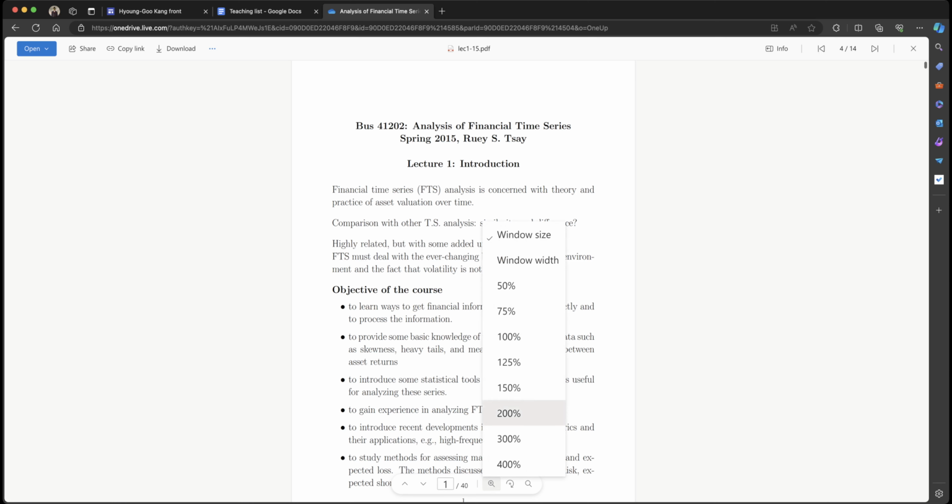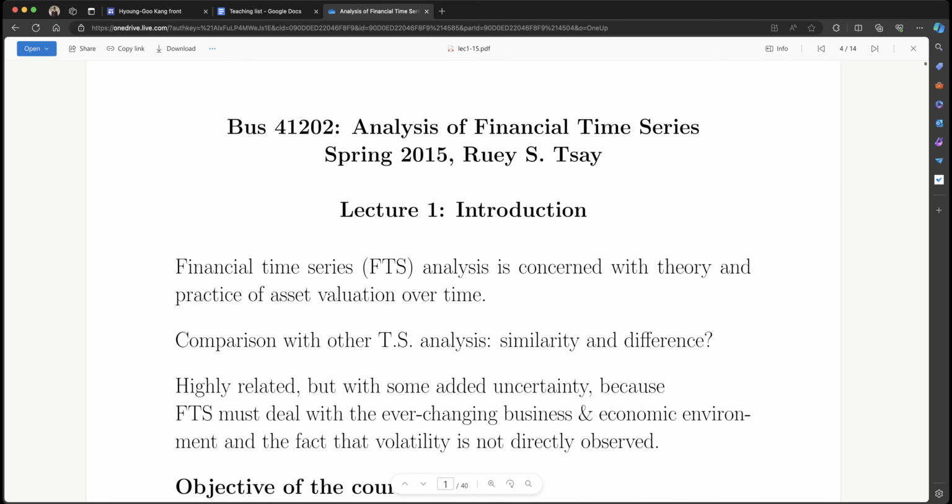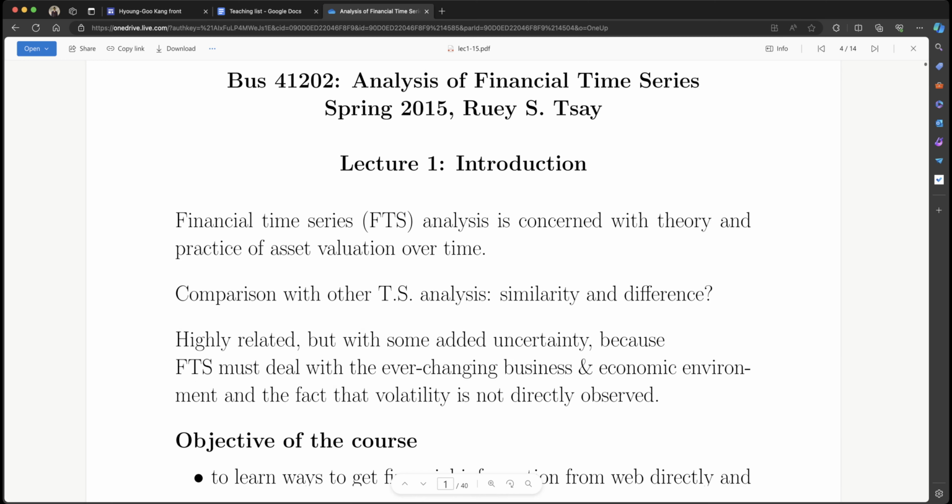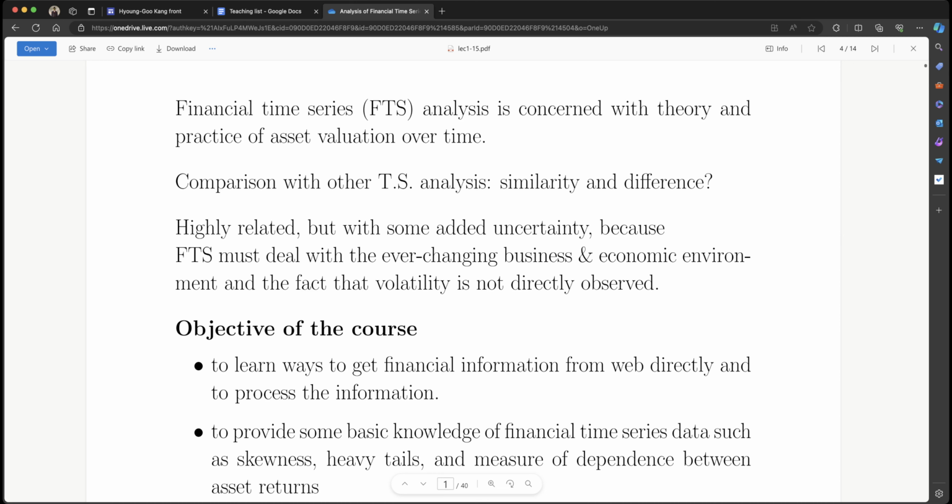Okay, so Analysis of Financial Time Series, introduction. Financial time series (FTS) analysis is concerned with the theory and practice of asset valuation over time. And then we can skip this one.